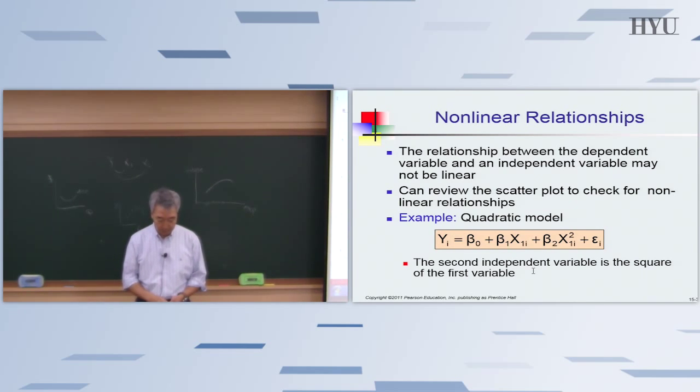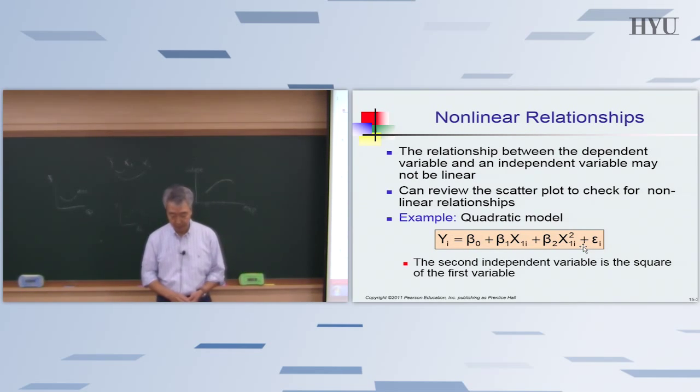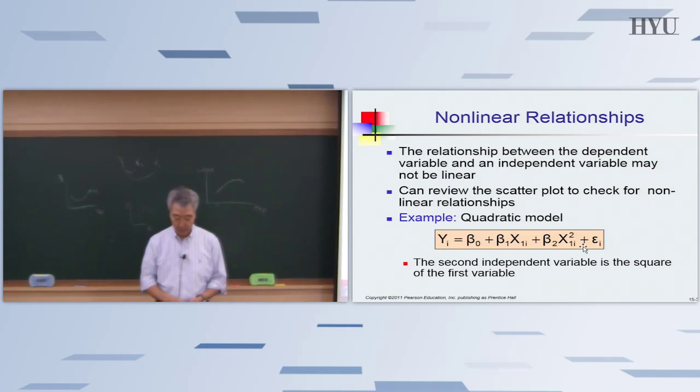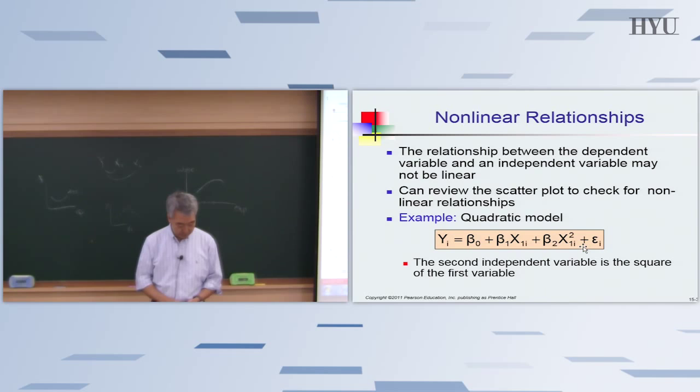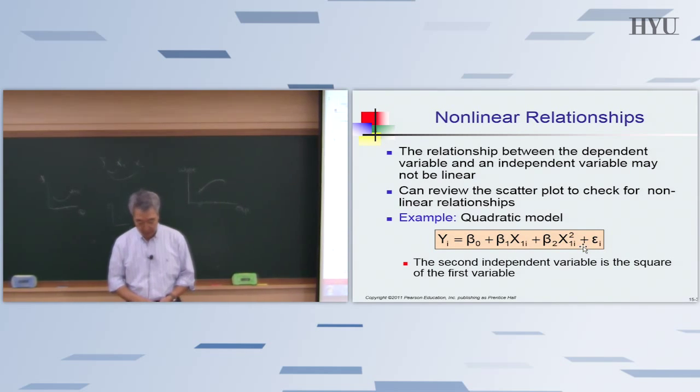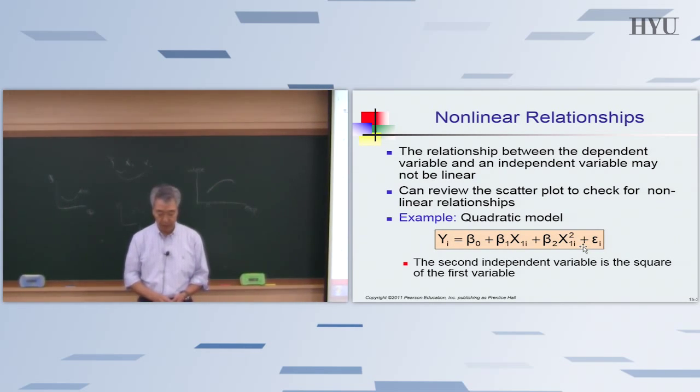The first thing to handle this nonlinear relationship is including a quadratic term. You see here beta1 x1 plus beta2 x1 squared. This square term is called the quadratic term, and when you include it, it's called the quadratic model. I think you understand why including the second order term can handle this curvilinear relationship.